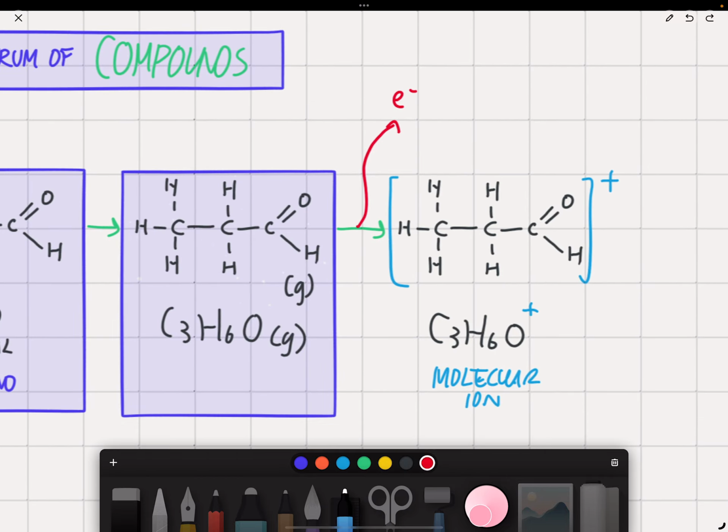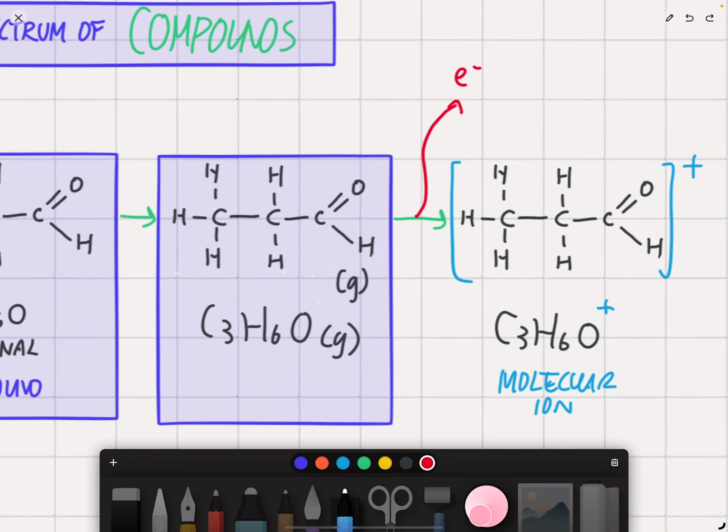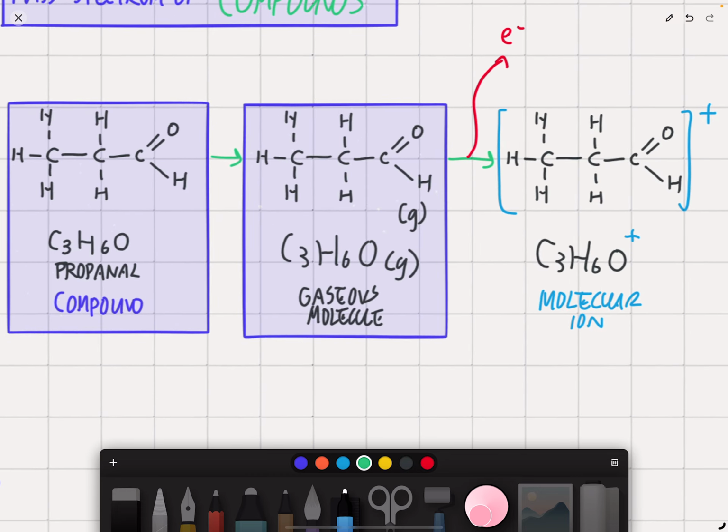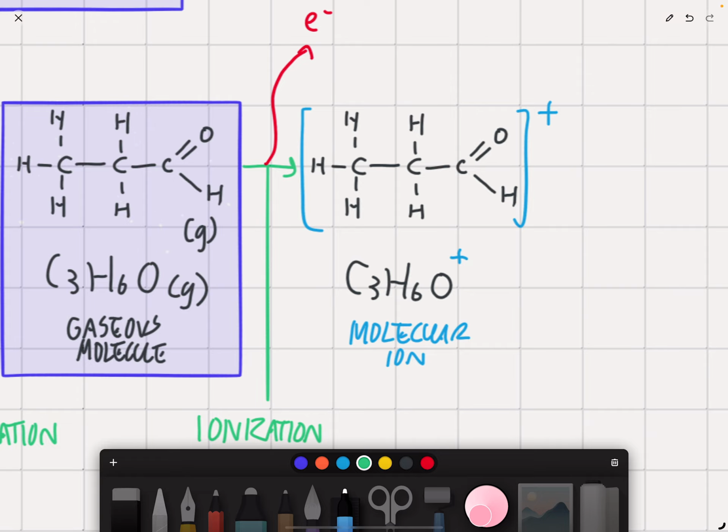When we strip away 1 electron from this neutral molecule, which is our gaseous molecule, it is turned into gaseous state because of the vaporization stage. Remember, all samples fed into the mass spectrometer will first undergo vaporization, so they turn from whatever state they are in to a gaseous state molecule. And then they will undergo ionization so that they become molecular ion.